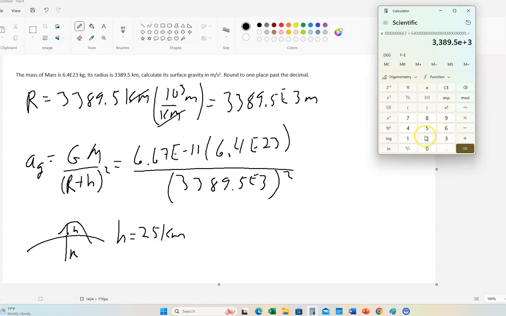But then, of course, you got to square that. Don't forget to square that.